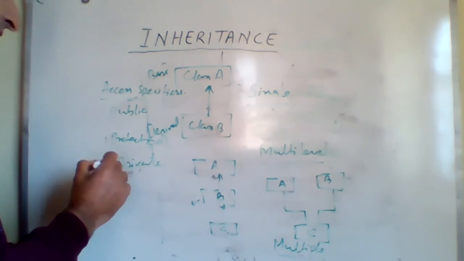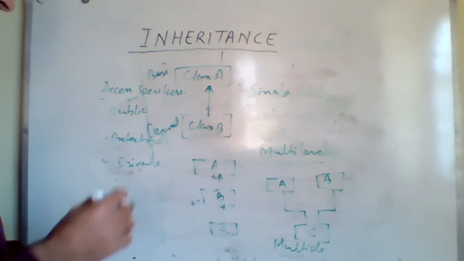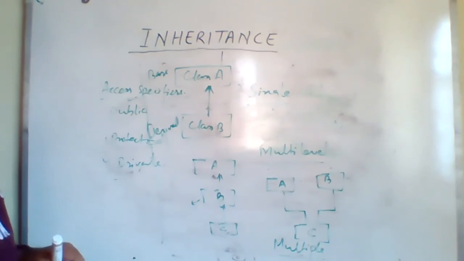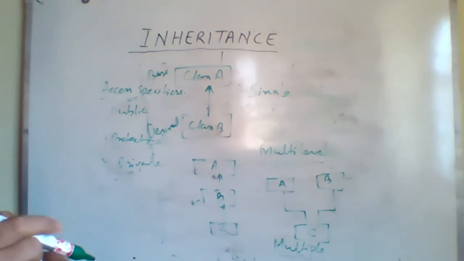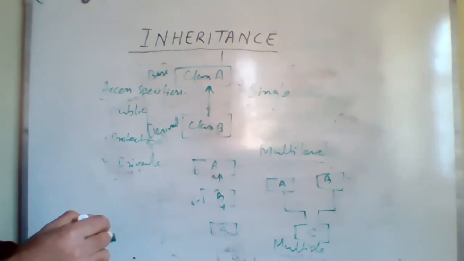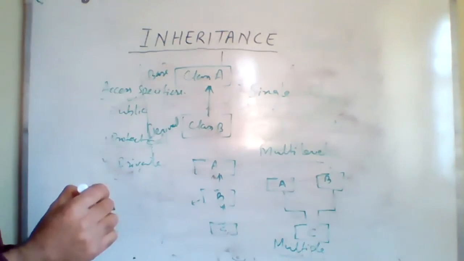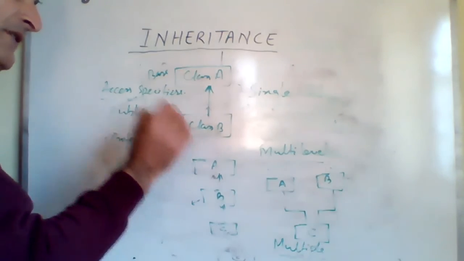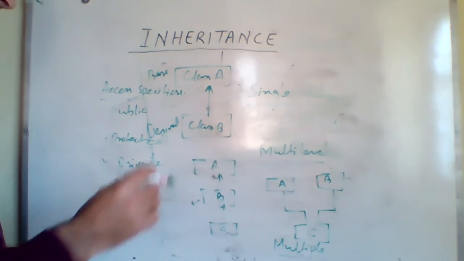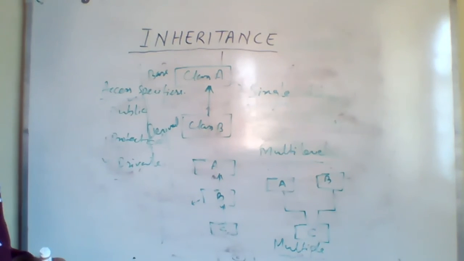Okay. Next one is private. When we say that class B is inheriting from class A in private mode, what happens? The public members of class A and protected members of class A become private members in class B. That means those members cannot be further inherited.